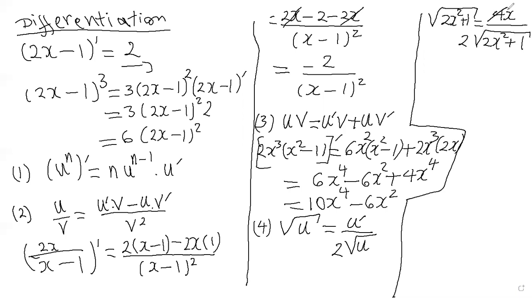So I can cancel here, 4 divided by 2 is 2, so we have 2x divided by the square root of 2x squared plus 1. Now, this is the derivative of the root sign.